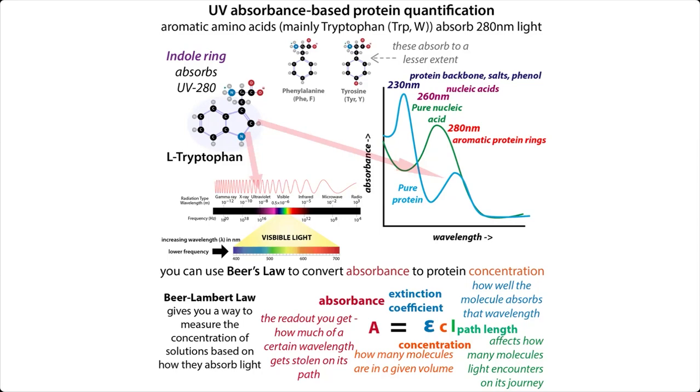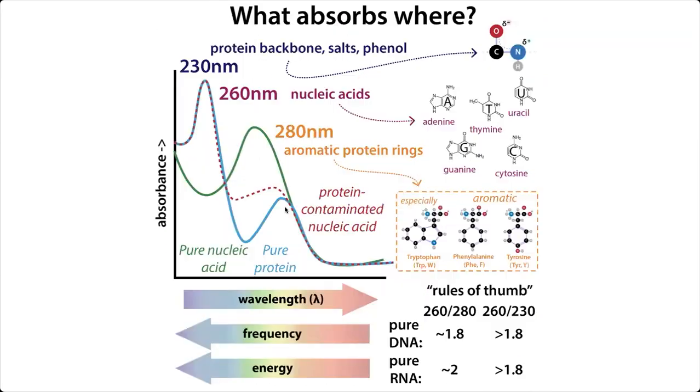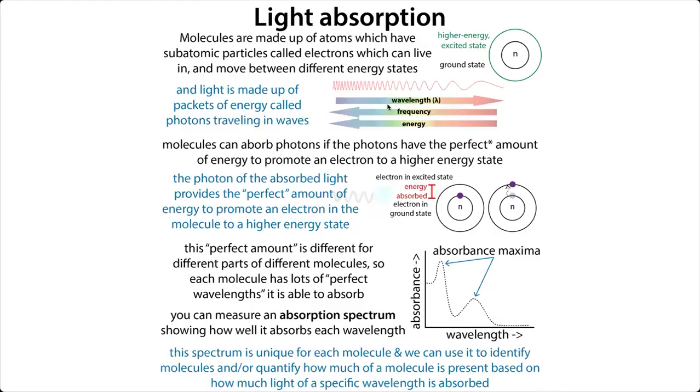Light itself is just little packets of energy called photons that travel in waves. All light travels at the same linear speed, the speed of light, but different wavelengths of light have different amounts of energy in those little photons.